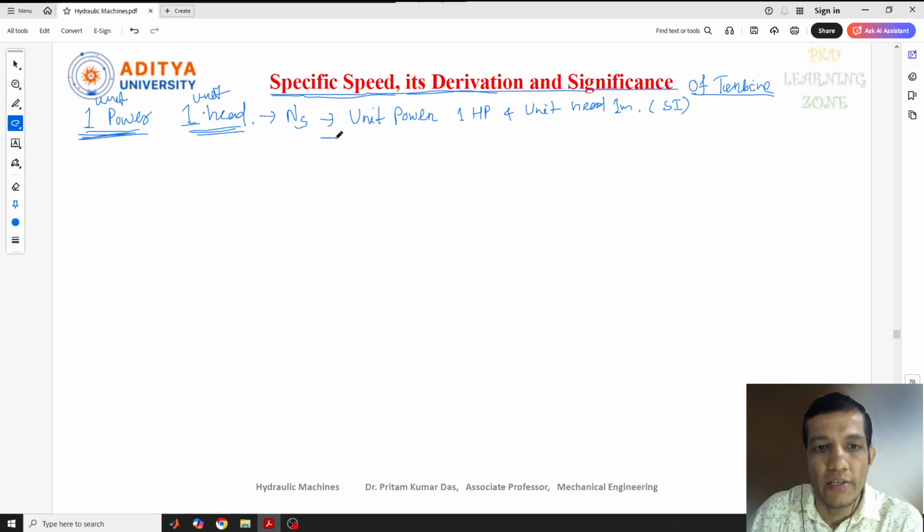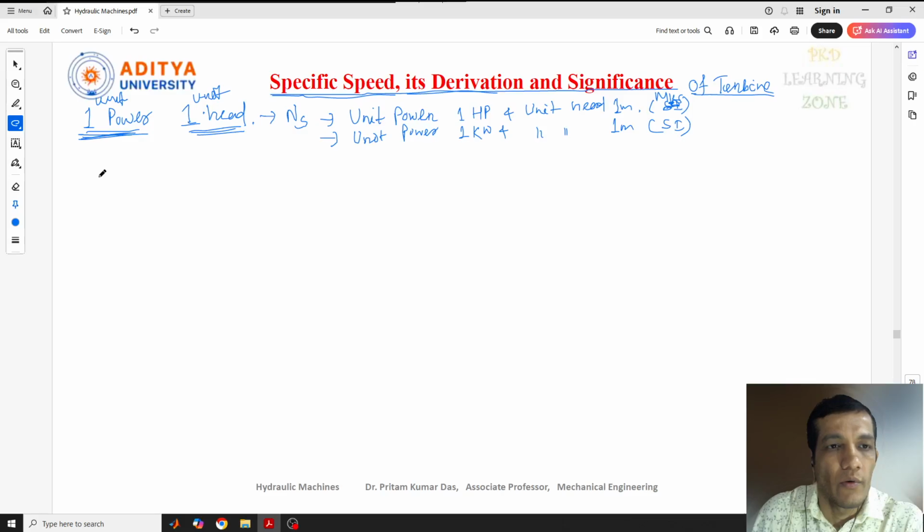Similarly, for the other system, the 1 unit power will be taken as 1 kilowatt, and the unit head will be the same, 1 meter, considered here also. So 1 HP needs to be considered for MKS, not SI. This is the MKS unit and this is our SI unit.